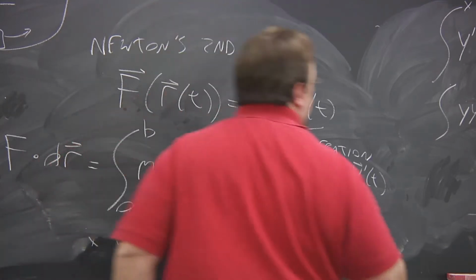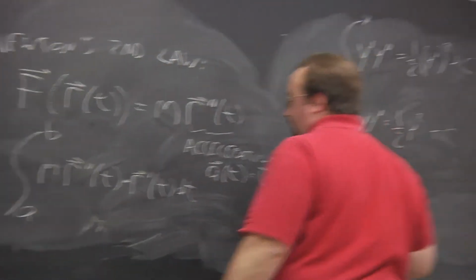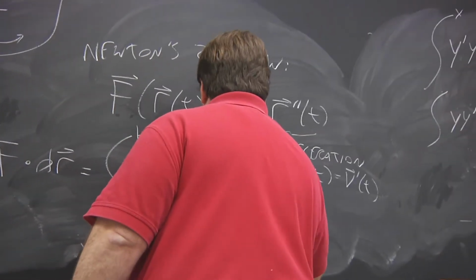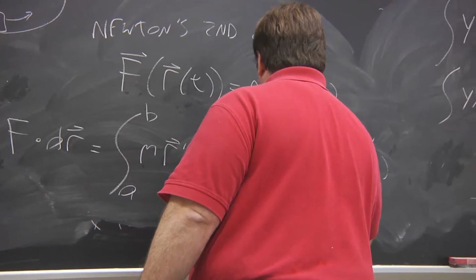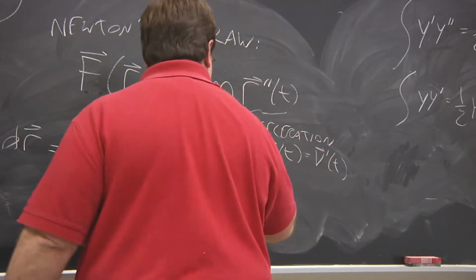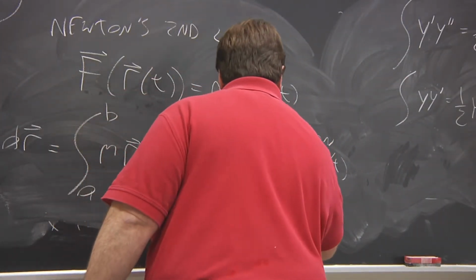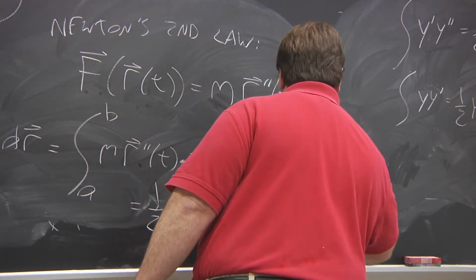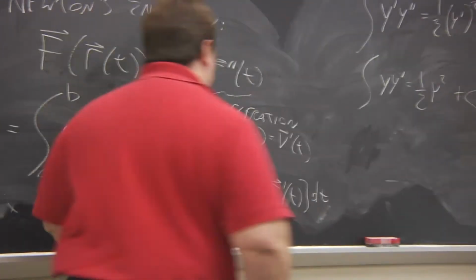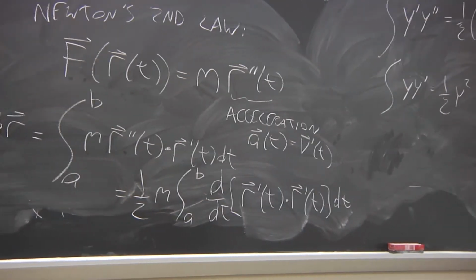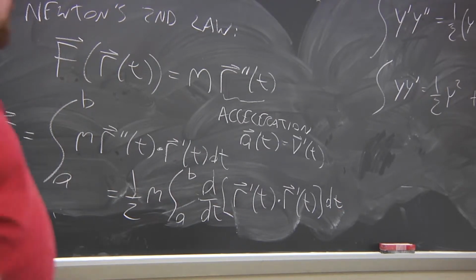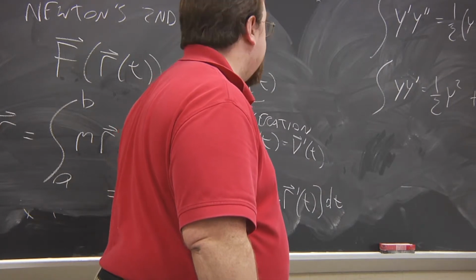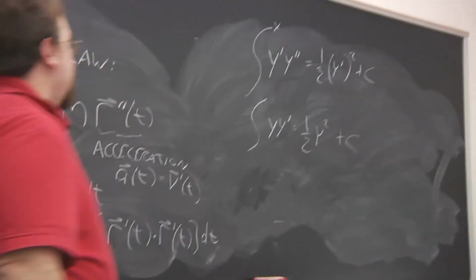So instead of something squared, because we're dealing with a vector quantity here, we're going to have 1/2 m, integral from a to b, times the derivative with respect to t of r prime dot product with itself. So that's the way it works out in this vector case. And by looking at individual components of these vectors, you can see how this idea applies.